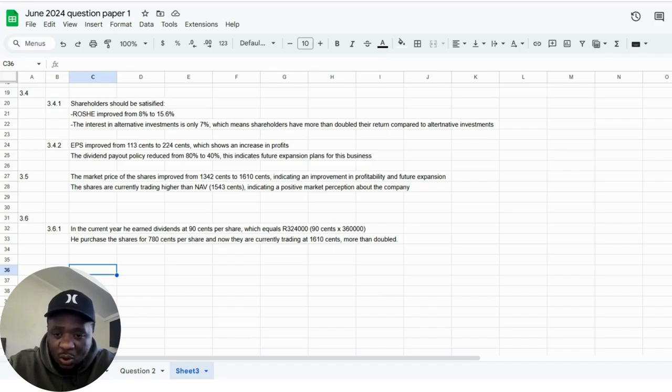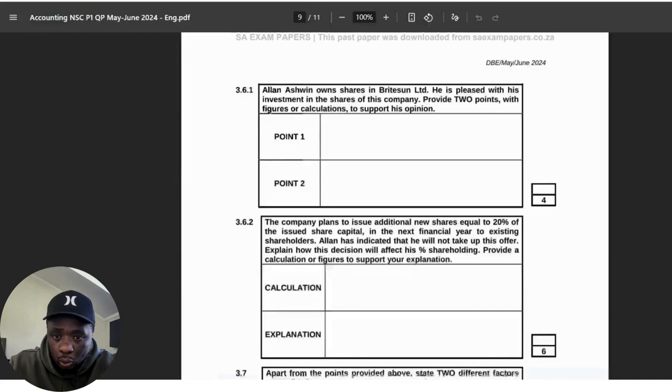Now, the next question we're going to be looking at is 3.6.2. And what does it say? It says the company plans to issue additional shares equal to 20% of the current issued share capital in the next financial year to existing shareholders. Alan has indicated that he will not take up this offer.